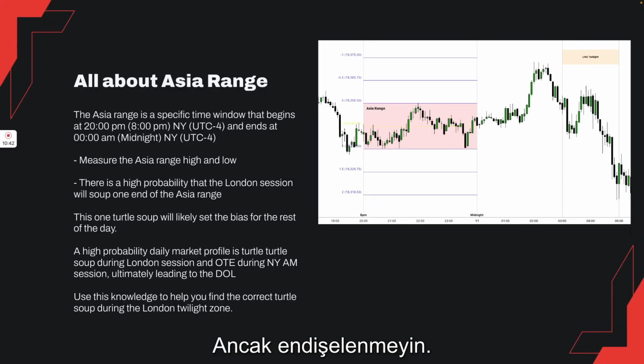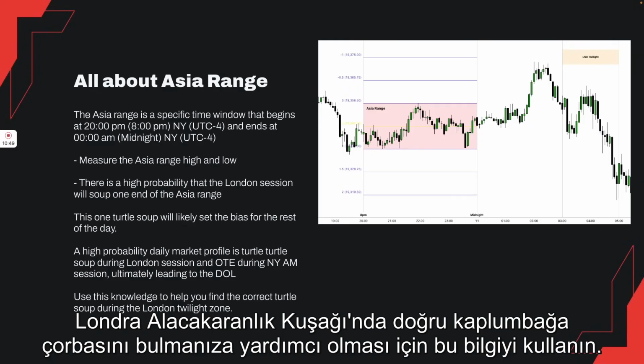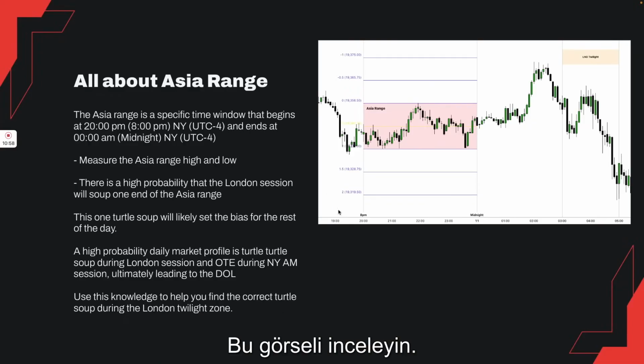However, don't worry, the Asia range will come out soon. Use this knowledge to help you find the correct turtle soup during the London Twilight Zone. Study this image. I will not explain it, however, you shall study it.